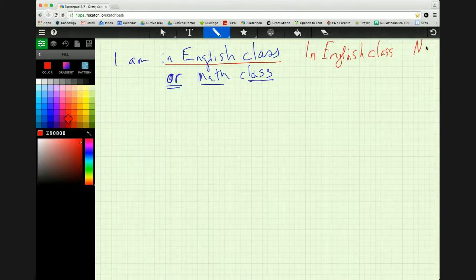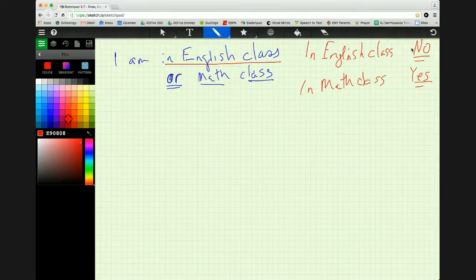And the answer is no, we are not in English class because we are in math class. So we are not in English class, but are we in math class? And the answer is yes, we are. We are in math class.